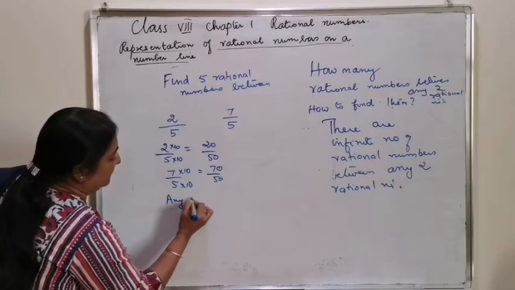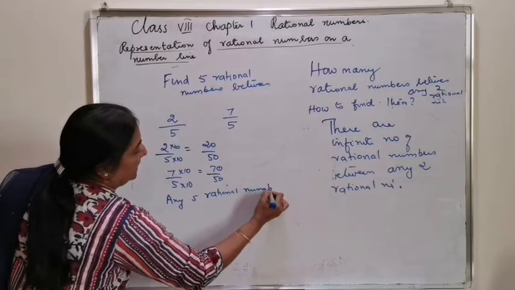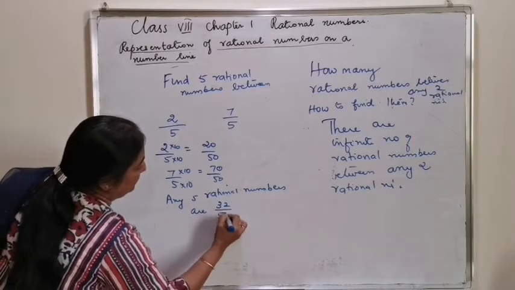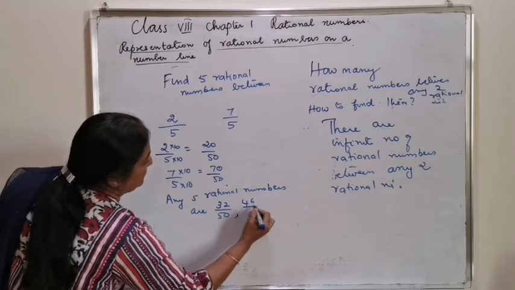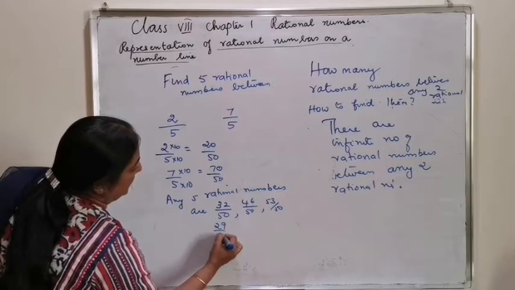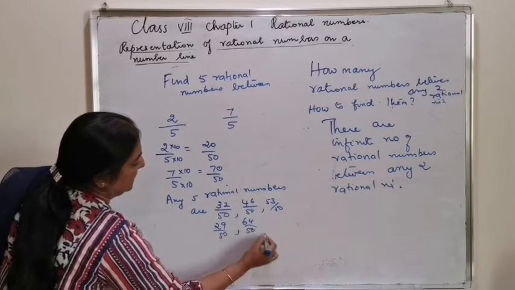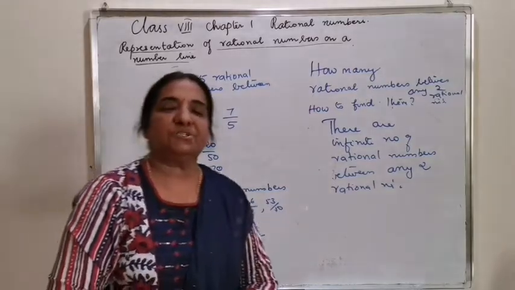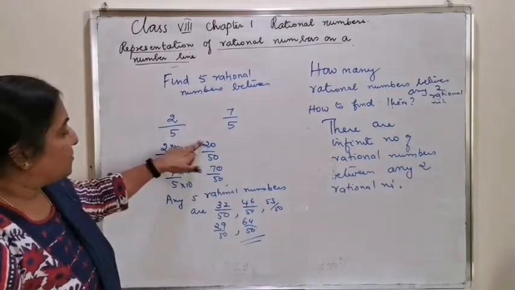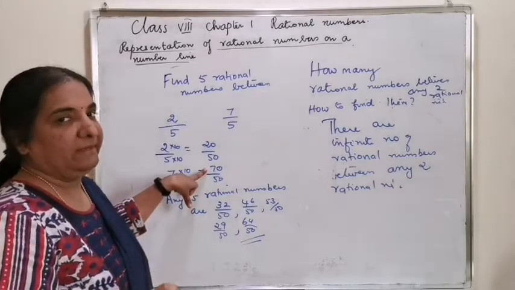So any 5 rational numbers are 32 by 50, 46 by 50, 53 by 50, 29 by 50 and 64 by 50. Any 5 rational numbers you can write, in any random order, should be between 20 and 70. That is the only rule.